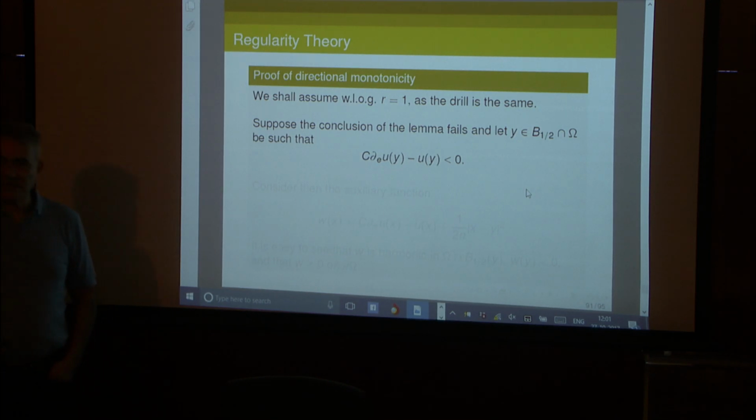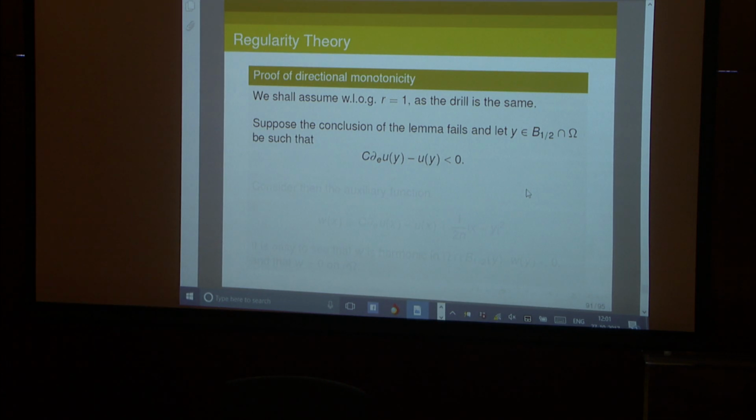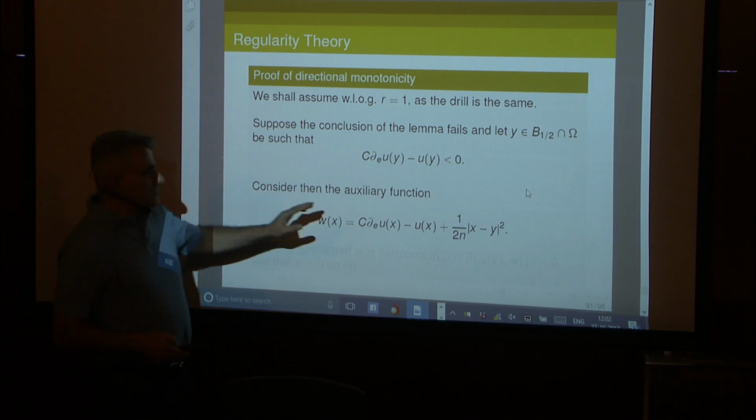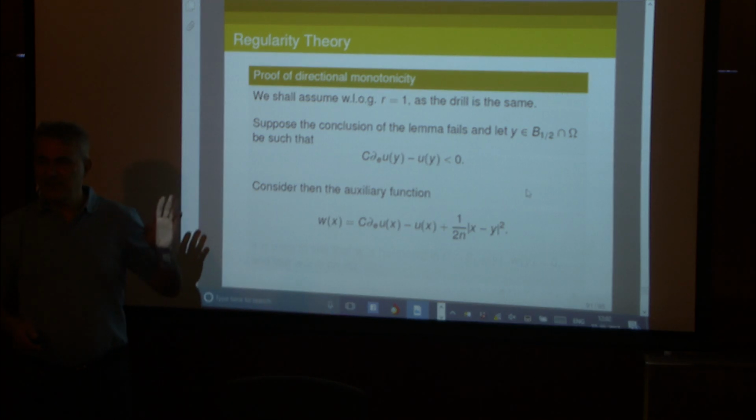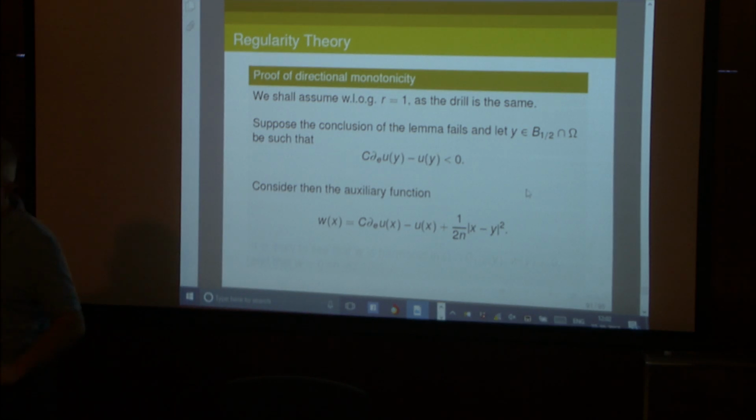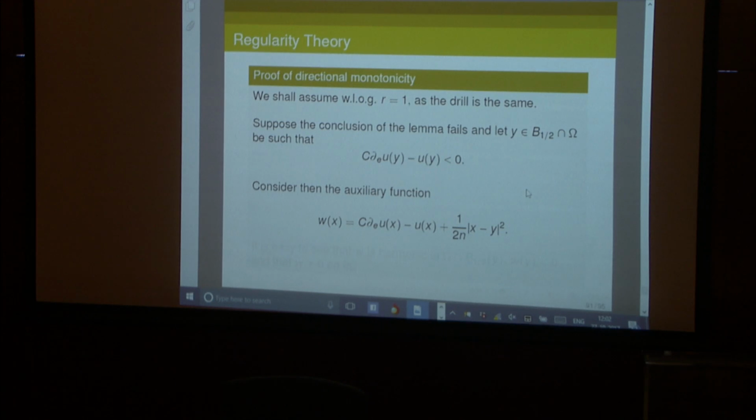And a good exercise for you is, why can we assume R is 1? You can do scaling, and you can replace and rephrase things. So suppose you want to prove that that's not negative. Suppose there is a point where this function is actually negative, and then you will soon see that's a trouble thing.